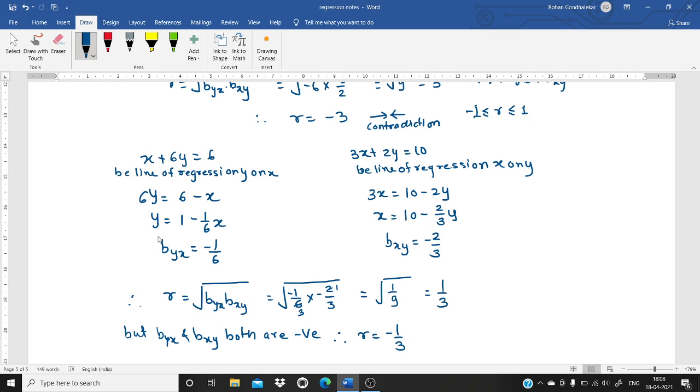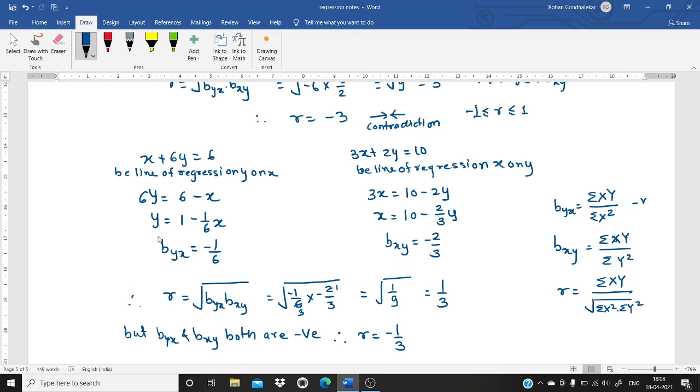Now, why is it negative? See, byx is summation x into y upon summation of x square. bxy is summation of x into y upon summation y square. And r is summation of xy upon square root of summation x square into summation y square.